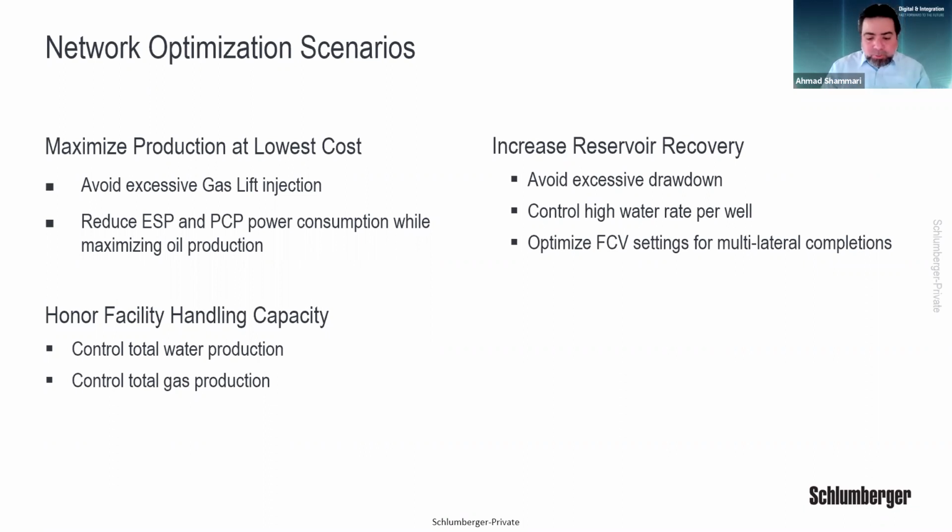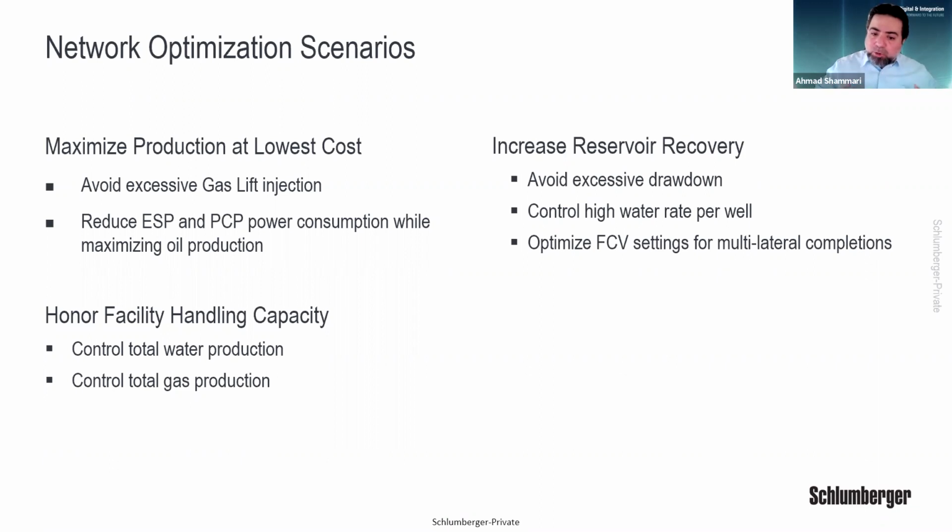If you have a well and you produce it at, let's say, 3,000 barrels per day, it will produce, but then after 6 months, 1 year, 2 years, you will start invading water because the drawdown is high.